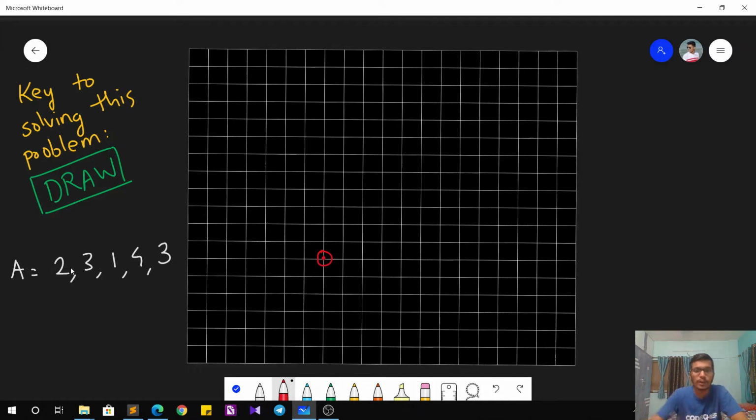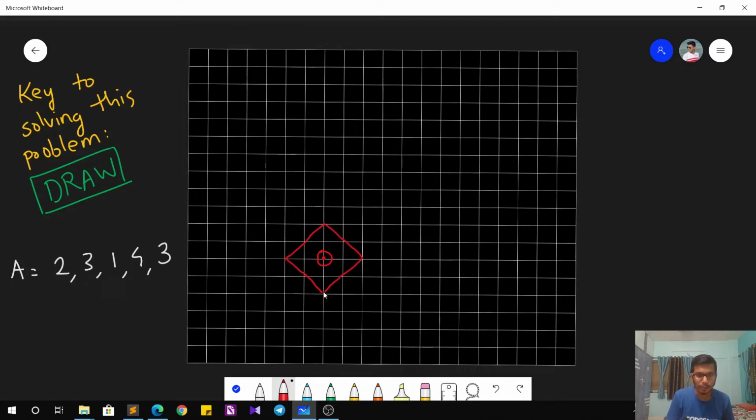So how will it look? Even though I'm calling it a Manhattan circle, in this case it will actually look like a square, because all the points that lie at a Manhattan distance of 2 from this point are actually on a square. This is the square I'm talking about.